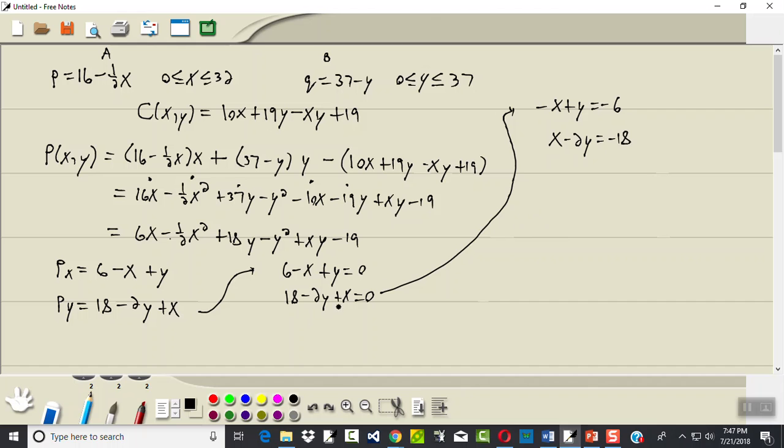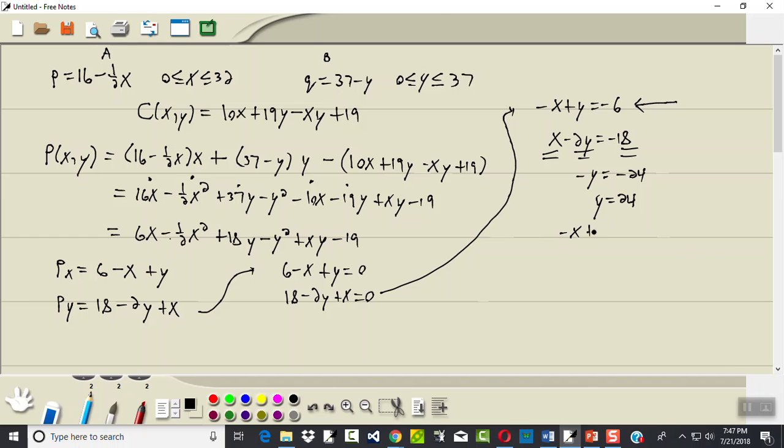And double check all my signs. Well, now we can add these together. Negative x plus x cancels. Y minus 2y is negative y equals negative 24, which gives us y is equal to 24. Now we want to plug that back in and solve for x. So I'll plug it in here. Doesn't matter which one, but this one looks easiest.